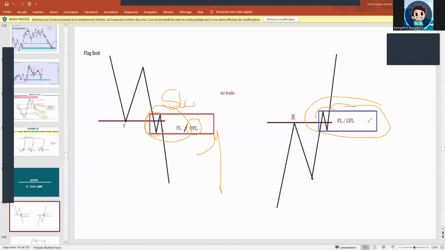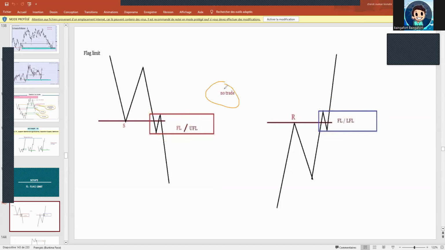This one is like a demand zone. It can hold the price going long, so some people will call it a long flag limit. But the name is not so important. You just need to know the important thing for the setup and how the setup looks for your trade.